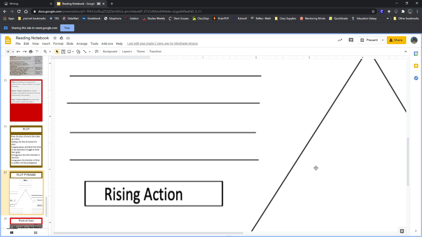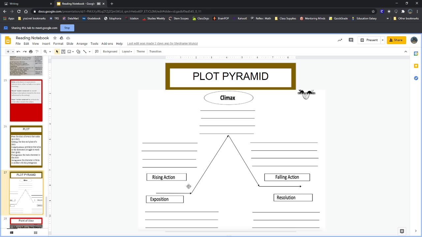The rising action is most of the book. When I say most of the book, I really, really mean it. Even though everything looks pretty even on this page, it all looks like they're equal parts of the book, they're not. The rising action is most of your book.